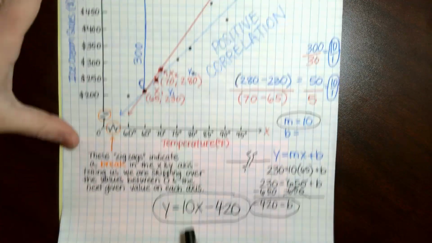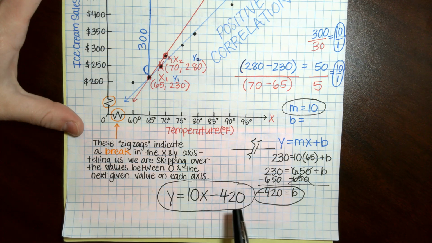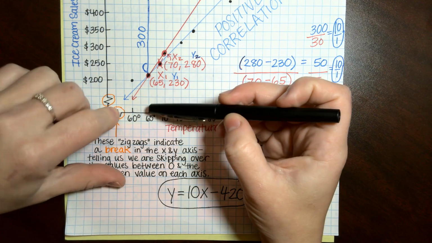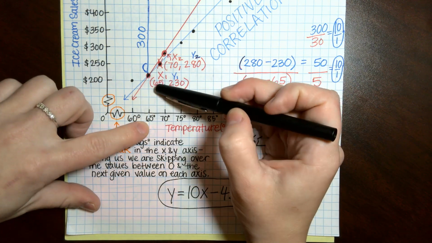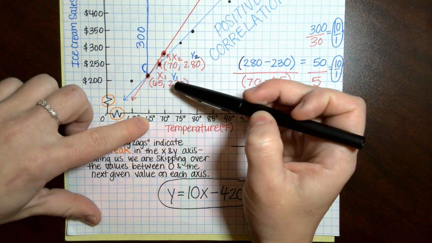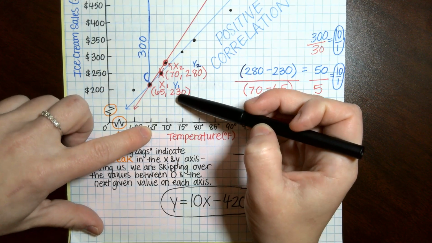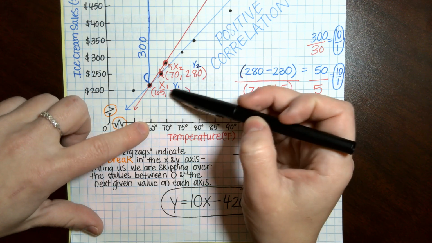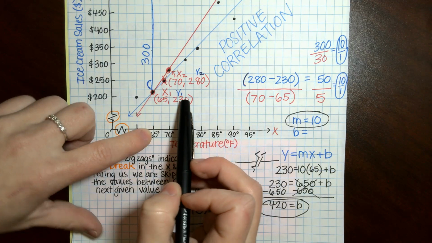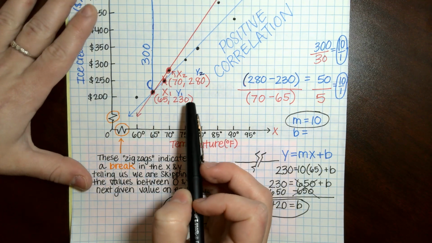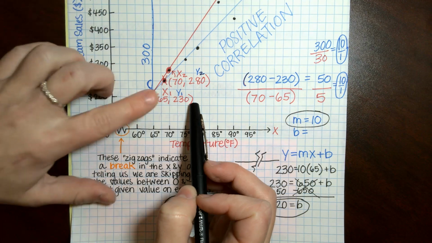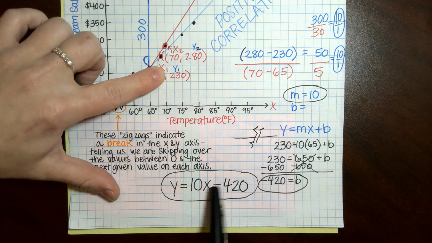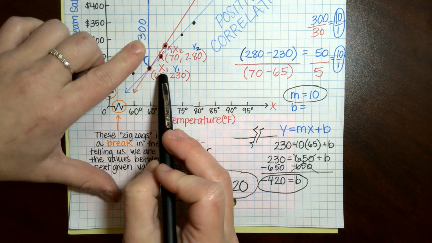Whenever I'm using my equation of my line to find a point on the graph, for example, I know from looking at my coordinates that whenever x is 65, y is 230. So if I wanted to know what temperature it would be outside when we make $230, I would put 230 for y, and I would solve for x, and that would give me 65.